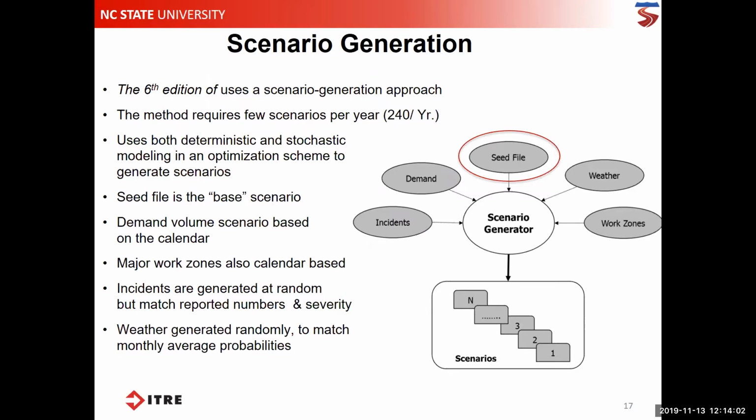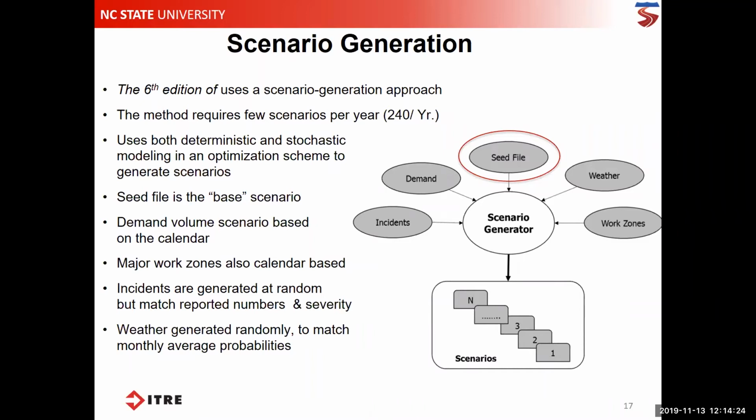For example, the demand volume on the facility is typically estimated based on the calendar. We usually have a lot of information about seasonal variability, about monthly variability. So we use the calendar to characterize those demand variations.